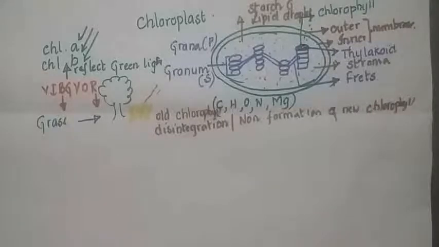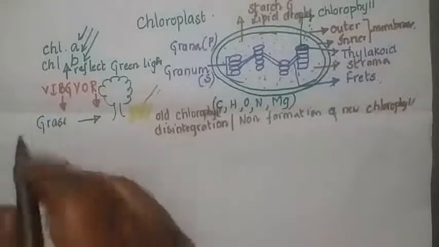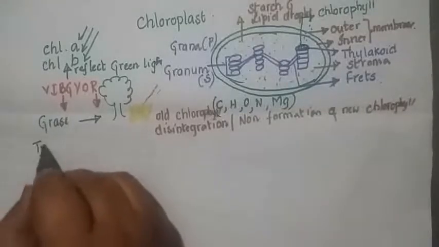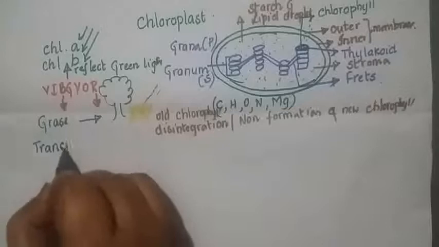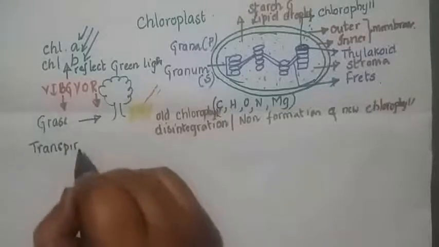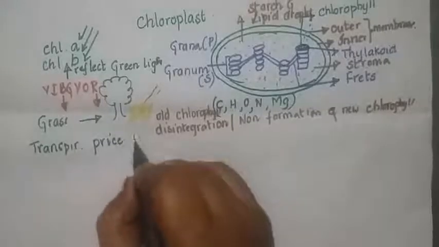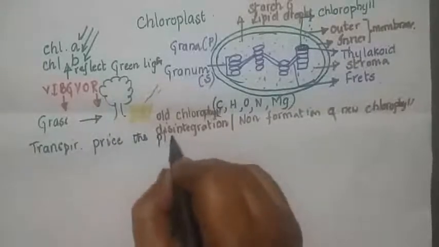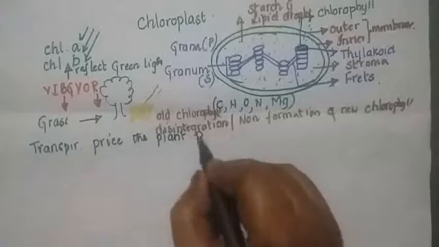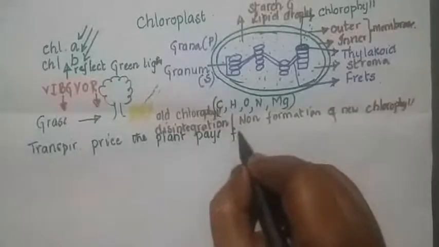Okay, so hence you can say that transpiration is the price the plant pays for the photosynthesis.